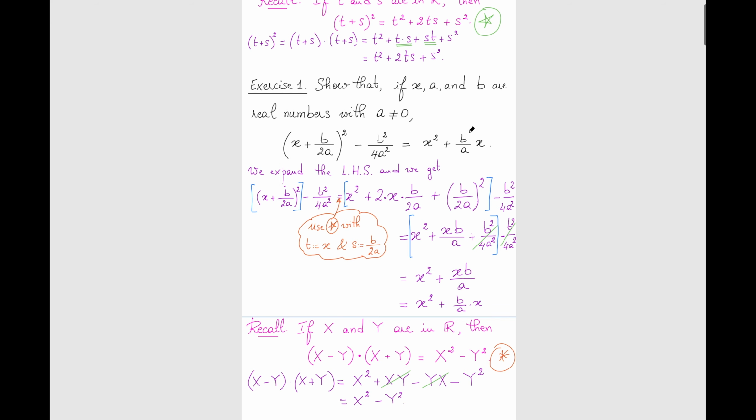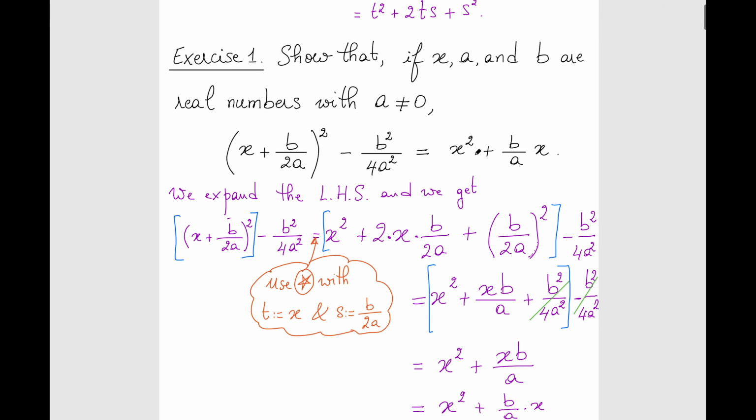That guy that I boxed in blue below, that's this guy, right? And we just showed in exercise 1 that the right-hand side is equal to this left-hand side. Make sense? As long as a is not 0, but our a, in the discussion below, is not 0. So that guy is exactly this guy.